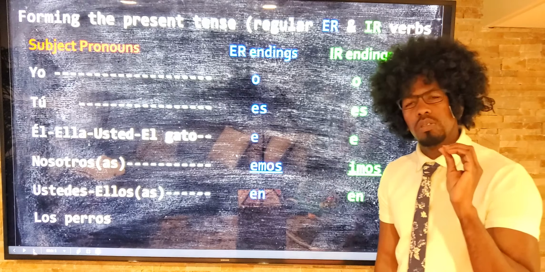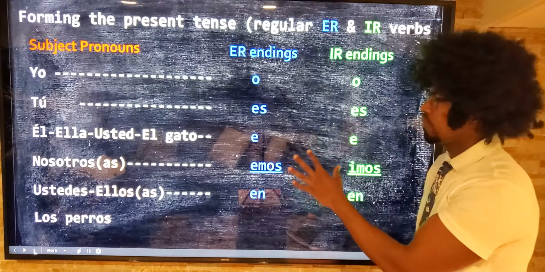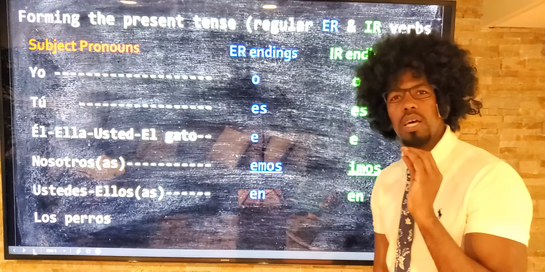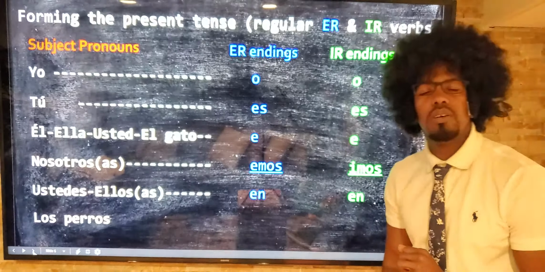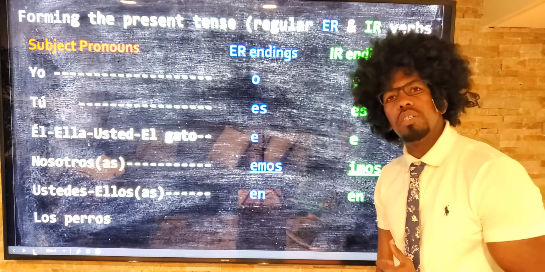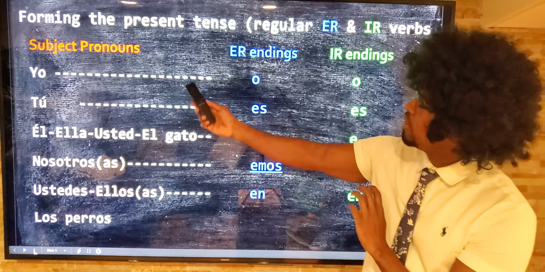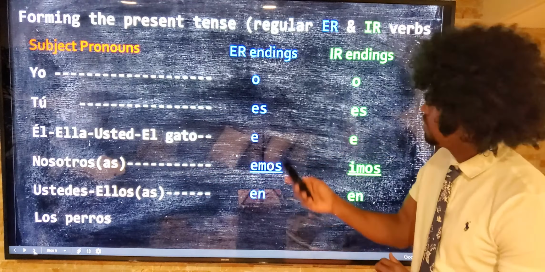So did you notice something between the two of them? You notice some similarity? If you notice, the ER and IR present tense endings are identical almost in every single one of the subjects, right?